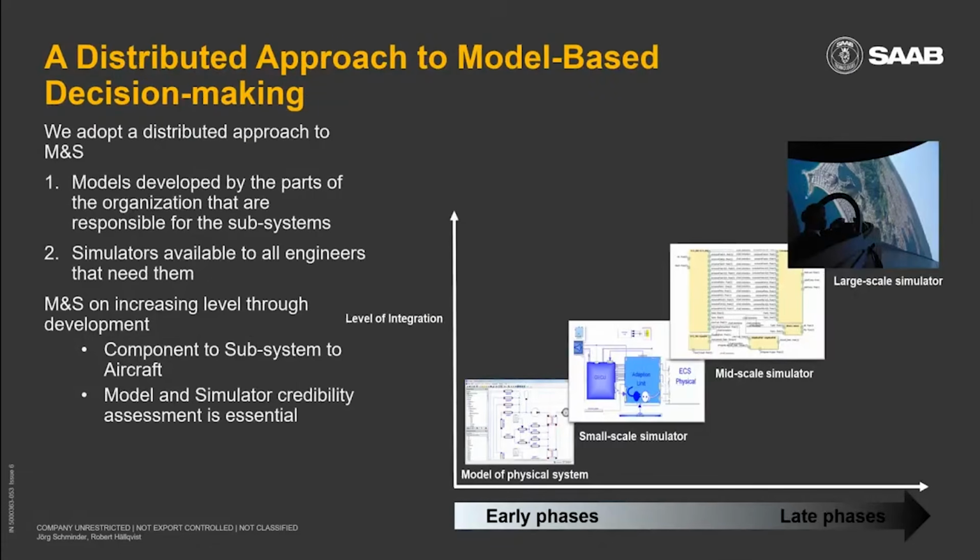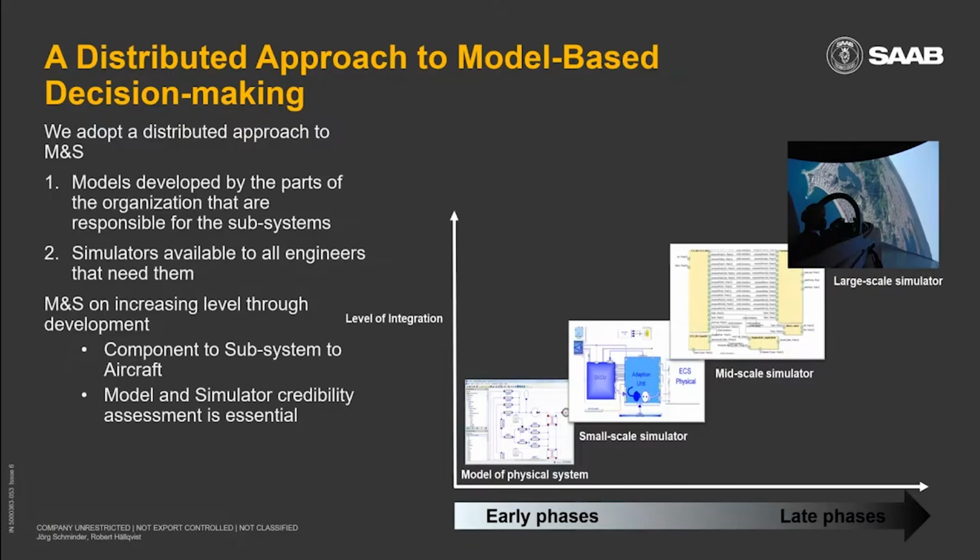So when using models for development, we adopt a distributed approach. And with that, I mean that the models are developed by the parts of the organization that are responsible for also developing the subsystems. The engineers developing models can be spread throughout the organization, and they are prompted to use the best suited domain-specific tool at hand to develop their models.